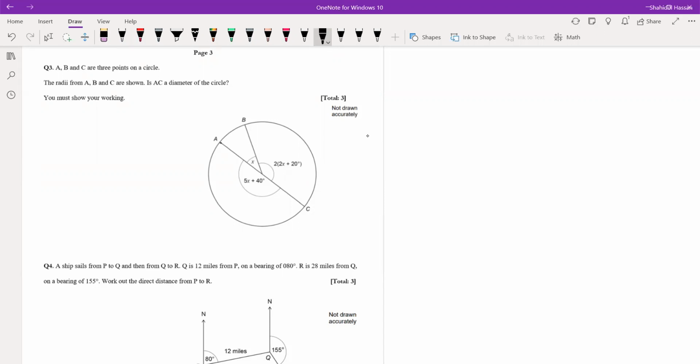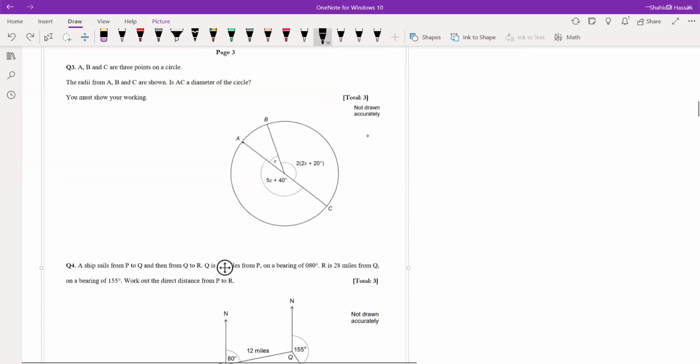I didn't know this theorem. Okay. What I'm trying to say is this. If AC is the diameter, then an angle subtended from the diameter in the circumference should be equal to 90 degree. This angle here should be equal to 90 degree. If I can show that, only then AC is the diameter.